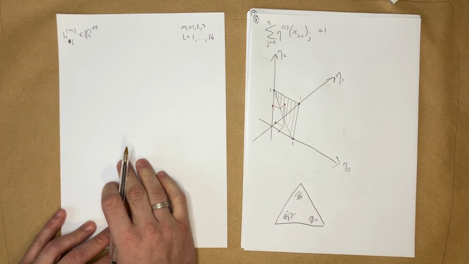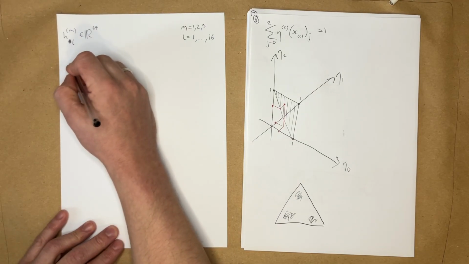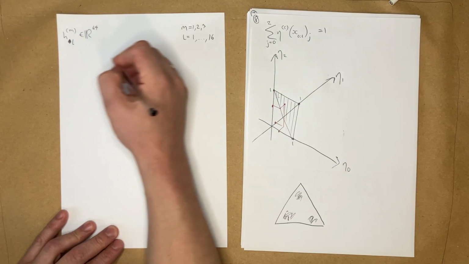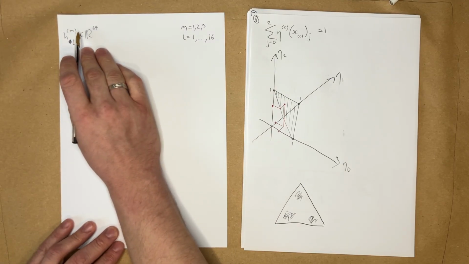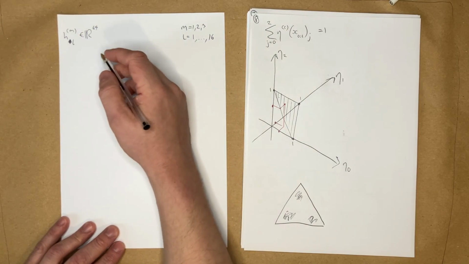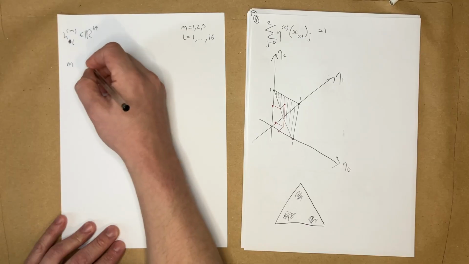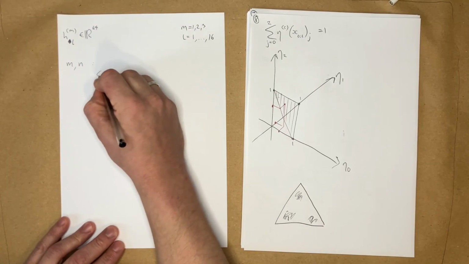So what that means is that we actually have a set of data points where for a given M, that is a given layer, and a given sequence N, so let's say for a given M and for a given N, what we have is a set of data points.